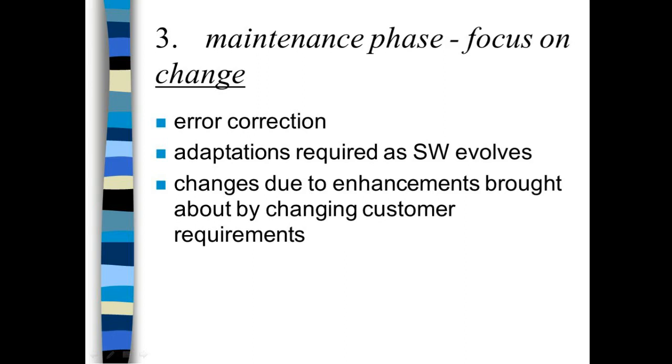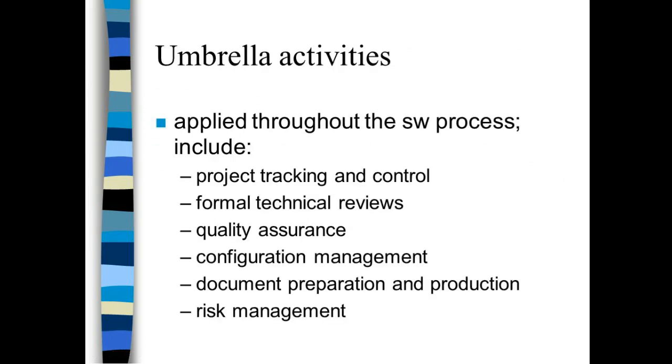For example, we have developed software for 100 people. After some time, the organization wants to enter the data of 500 people. So to enhance that software for 500 people, we can change the software. That is done in the maintenance phase.